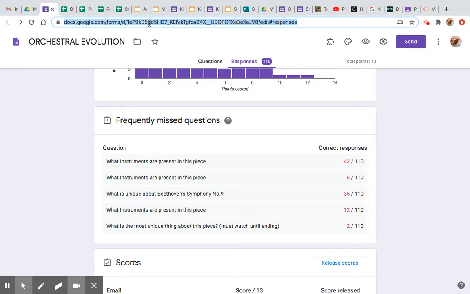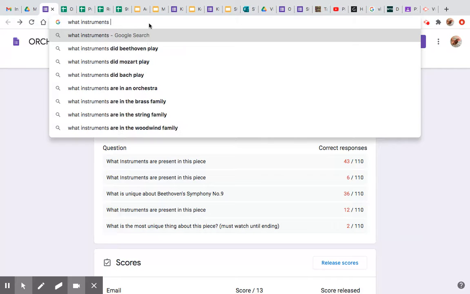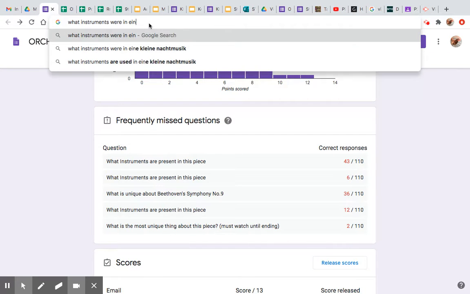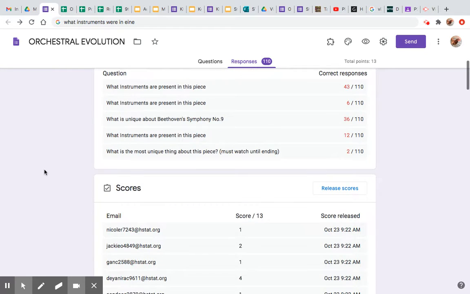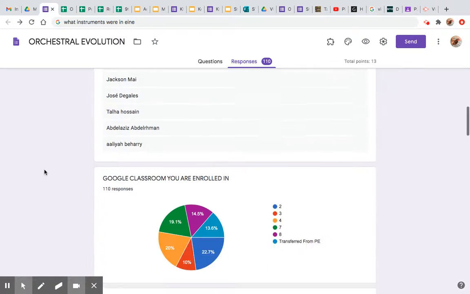You can go to your search bar and ask Google what instruments were in the piece, and look, it will finish the title, right? You just search that question and you'll get the answers. And then you can put your answer in the form, and that would be a great answer for you.